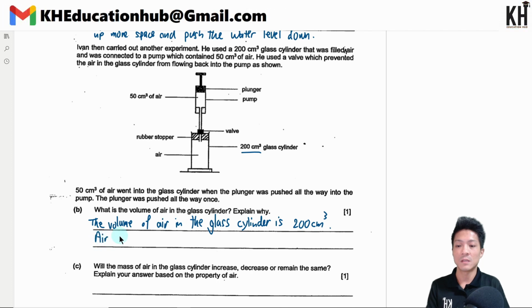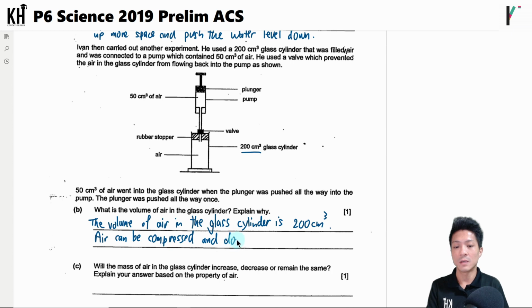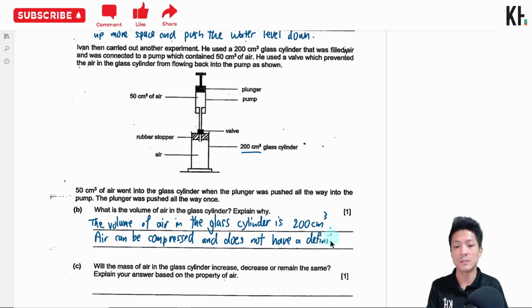Air can be compressed and does not have a definite volume.